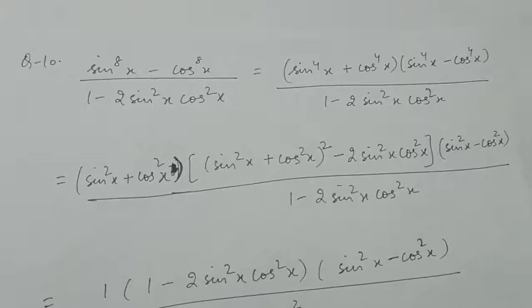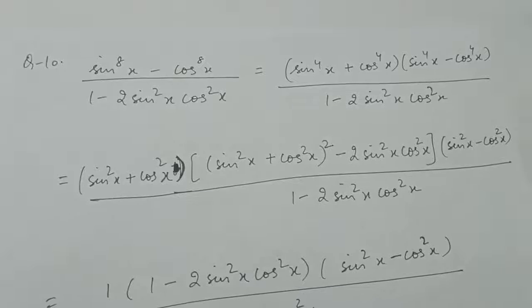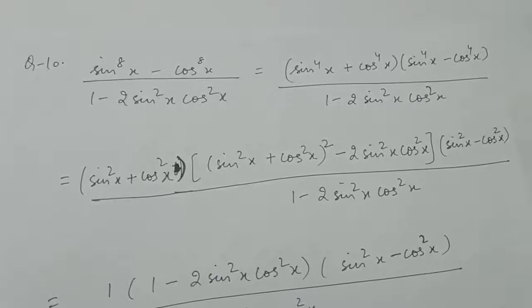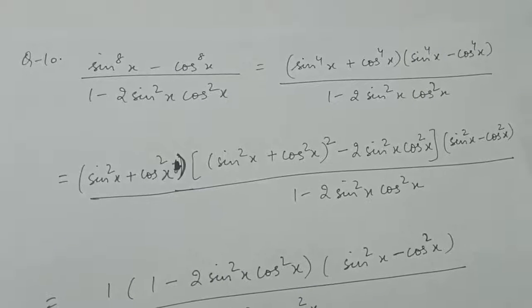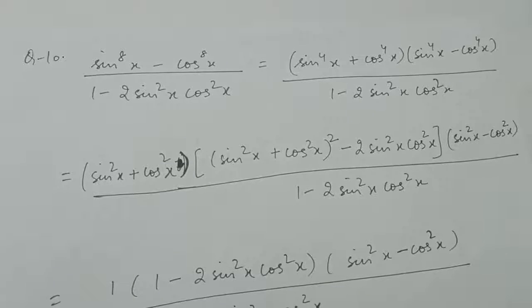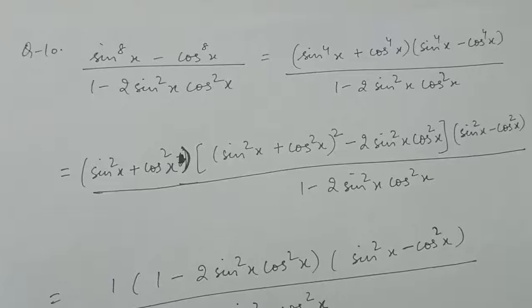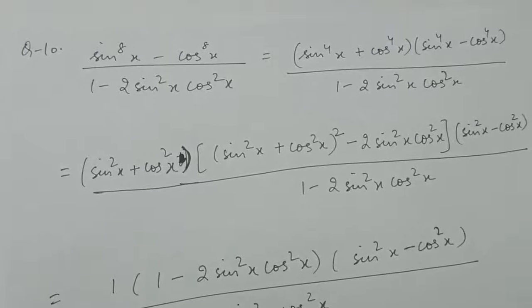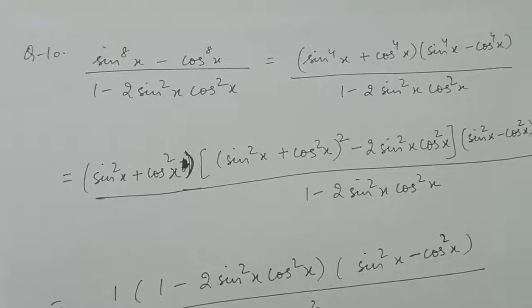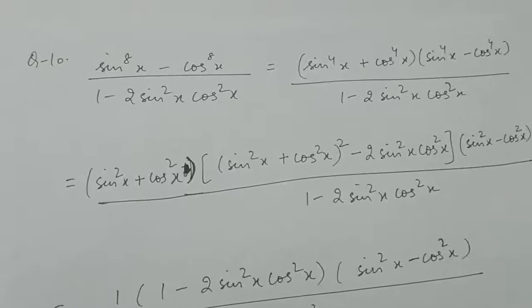Question number 10th. The given function is sin x raised to the power 8 minus cos x raised to the power 8 upon 1 minus 2 sin square x into cos square x. So we will apply trigonometric identities here to solve this function and to make it a simple function.